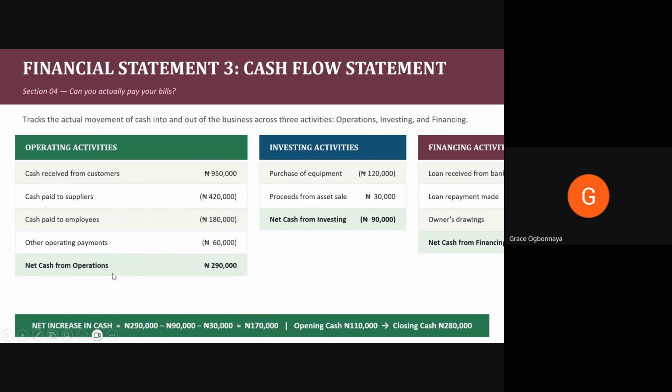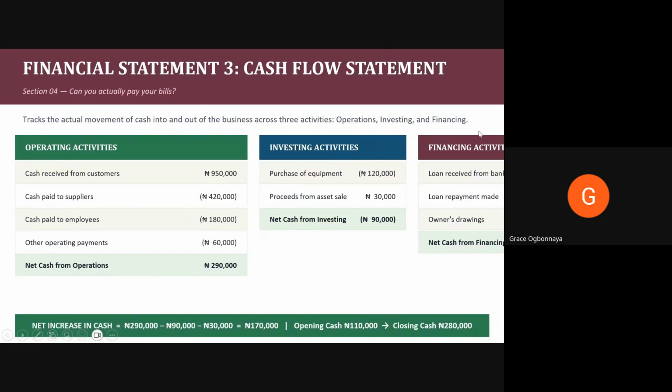Then you have your net cash from operations, the net cash from investing. If you made a purchase of equipment, or if you sold an asset, the money that you realized, those are investing activities. And financing activities are loans that you received from the bank or that you paid, or maybe you took money out of your business or put money into your business.